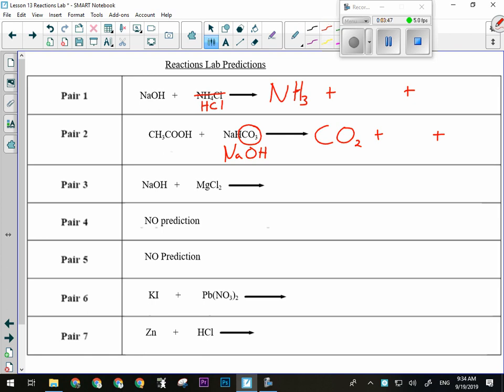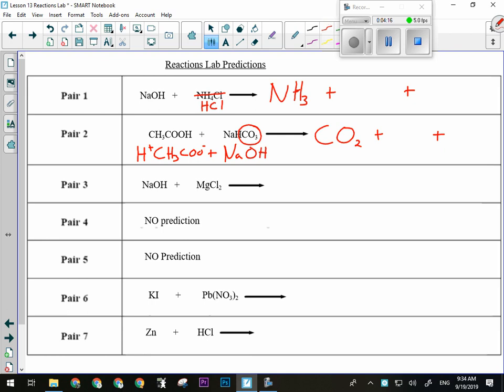We take away the carbon and 2 oxygens, we're left with a sodium, a hydrogen, and an oxygen, or sodium hydroxide, reacting with an acid. Remember, we said this is an ionic compound that really should be written like this, where this is the metal and this is the non-metal. You got it reacting with that. You should be able to figure out what the other 2 products are from there.